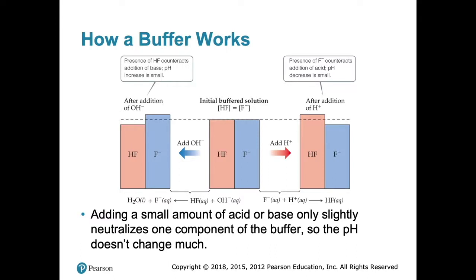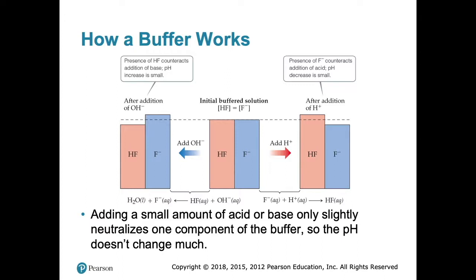The thing that's very helpful here is that in a buffering system of fluoride, when you add some protons, which makes things more acidic, you get more hydrogen fluoride. It used to be that the concentration of HF was equal to the fluoride ion.